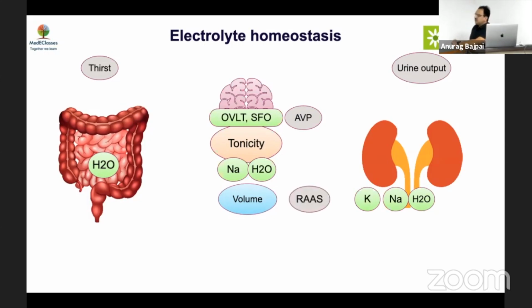Now the RAS system will basically do a barter. You want more sodium, you have to lose other positive ions. You have to lose potassium, you have to lose calcium, you have to lose magnesium, you can lose protons. So if you have aldosterone excess, you will have hypokalemia, hypomagnesemia, hypocalcemia, metabolic alkalosis.